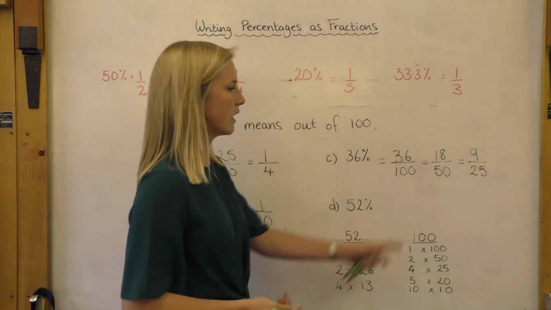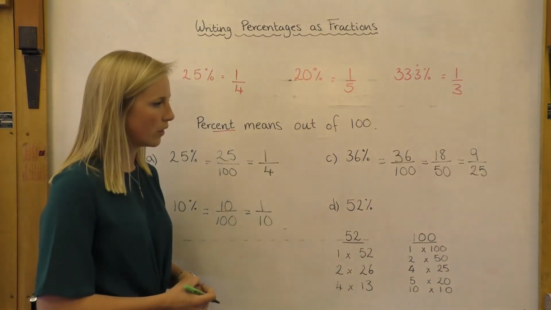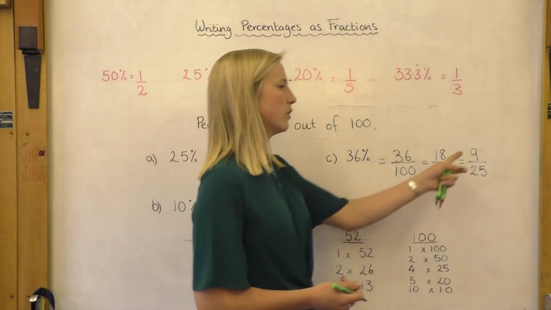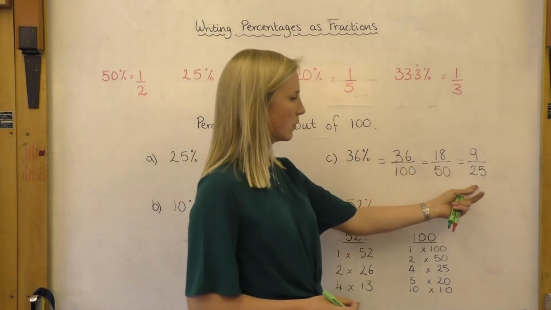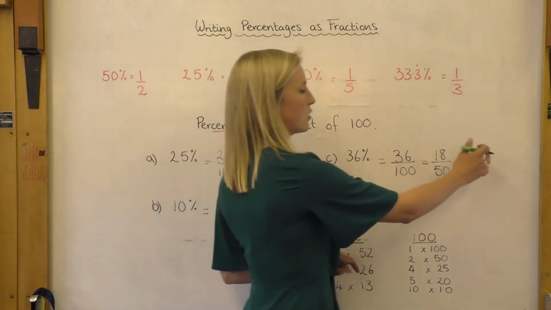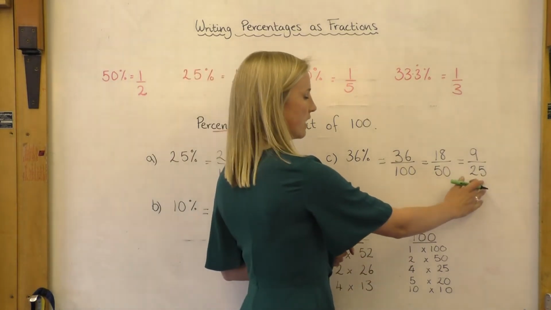Looking at the numbers 9 and 25, is there any number that goes into both 9 and 25? Well, 2 doesn't go into it because 9 is odd. 3 goes into 9, but it doesn't go into our 25. And we can continue up there, checking that there's no other number that fits into 9 and 25, but that is it in its simplest form.